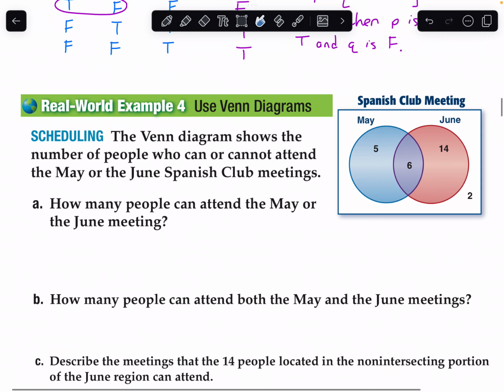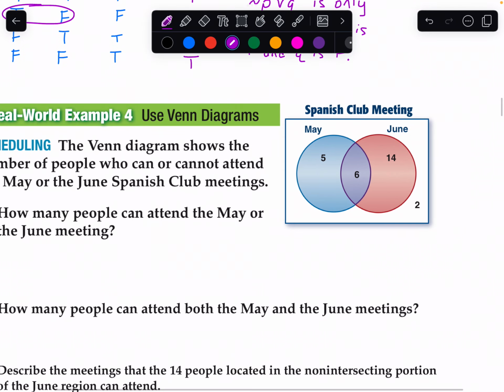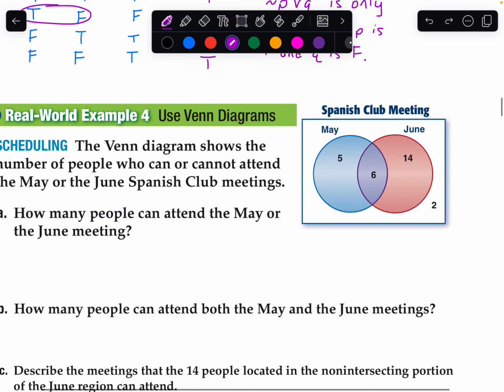Okay, example 4, Venn diagrams. This Venn diagram shows the number of people who can or cannot attend the May or the June Spanish club meetings. I'm guessing can is inside, and then notice there's these two guys out here. I guess they cannot attend either meeting. So how many can attend the May or June meeting?